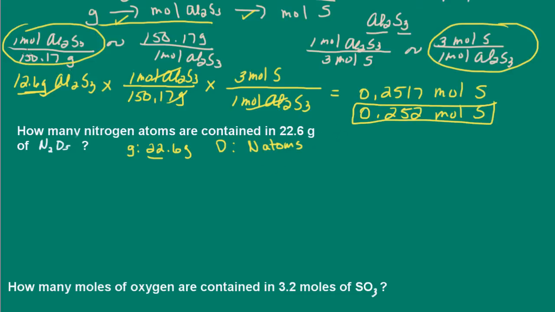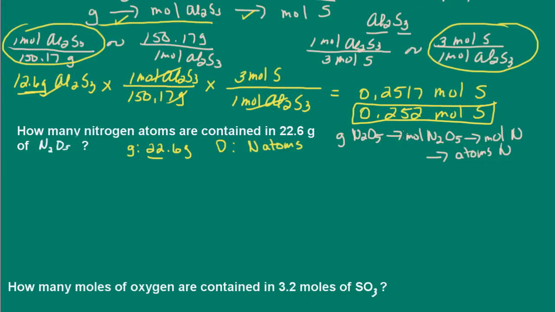So let's go ahead and write out our roadmap. So we start with grams of the compound. We can convert that to moles. And from there, we can determine the moles of nitrogen. And then finally, from there, the number of atoms of nitrogen.